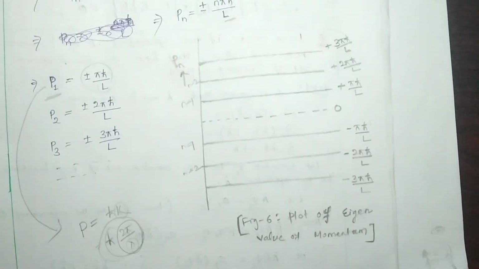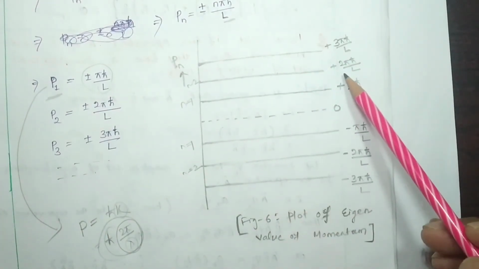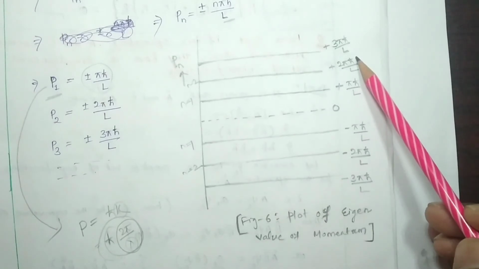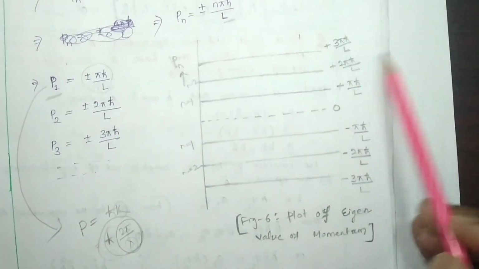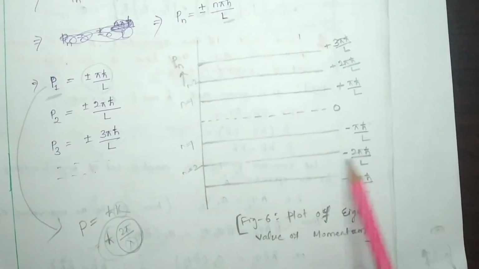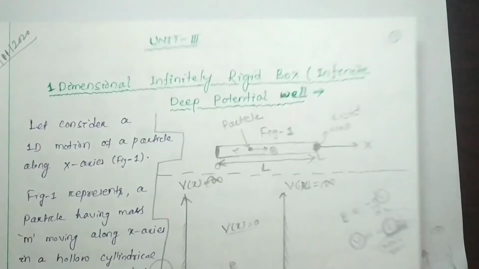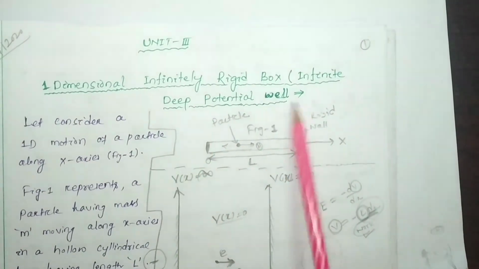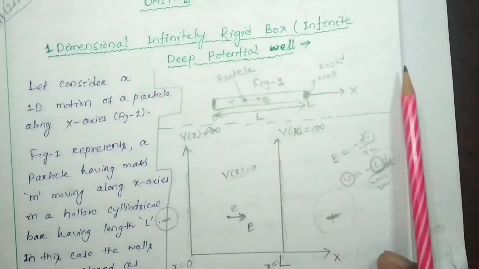So for n equal to 2, the second excited state, the momentum will be either plus 2 pi h cross by L or minus 2 pi h cross by L. That means it is moving towards the right with this value or towards the left with this value. So this is all about your one dimensional deep potential well, or one dimensional infinitely rigid box. That means we have discussed all the contents regarding this topic.